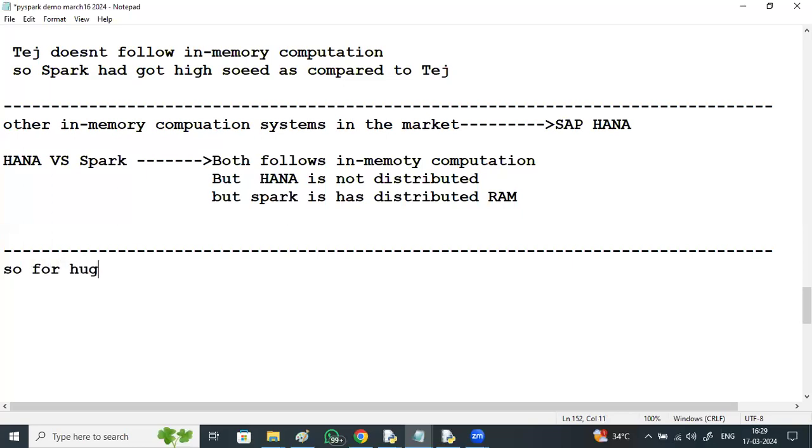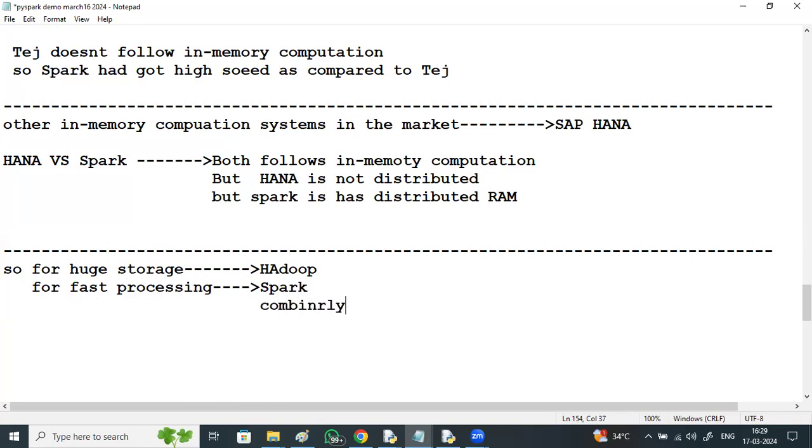So for huge storage, Hadoop HDFS, and for fast processing, Spark.